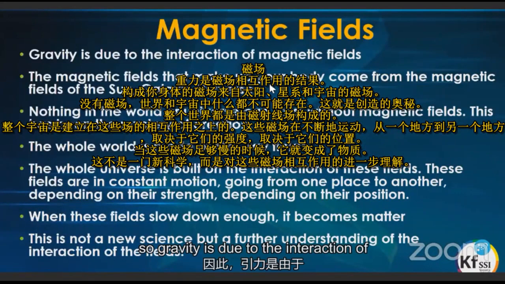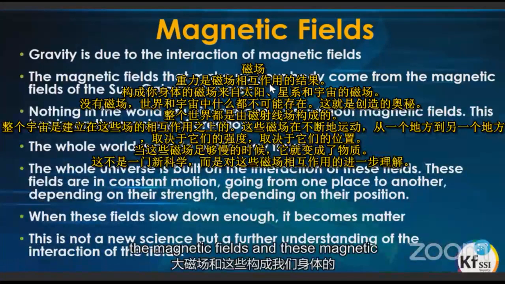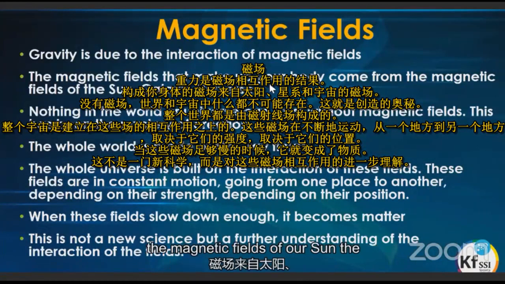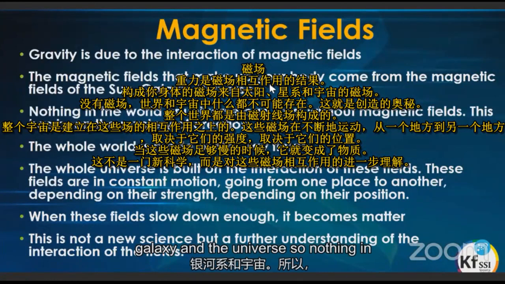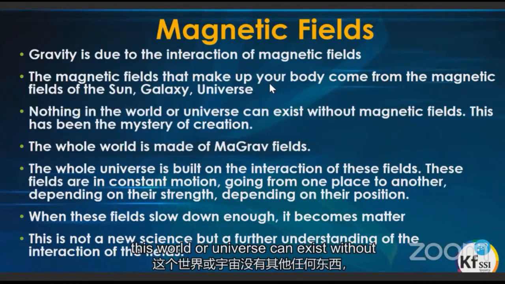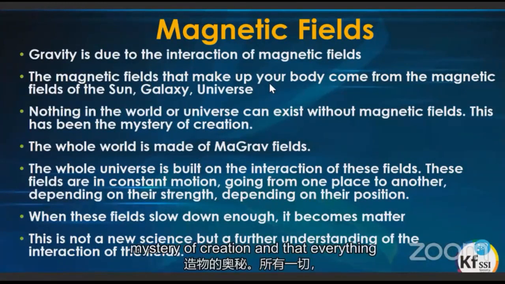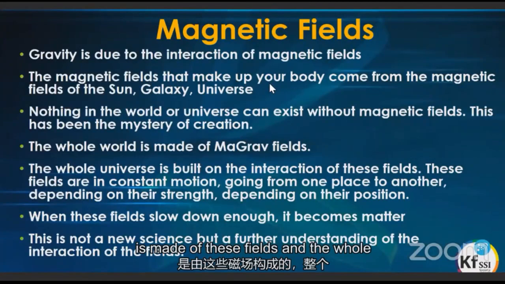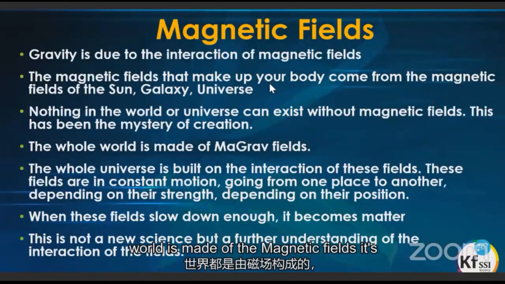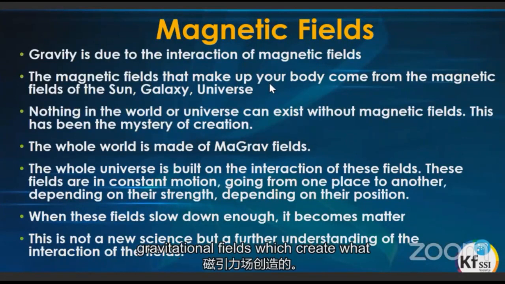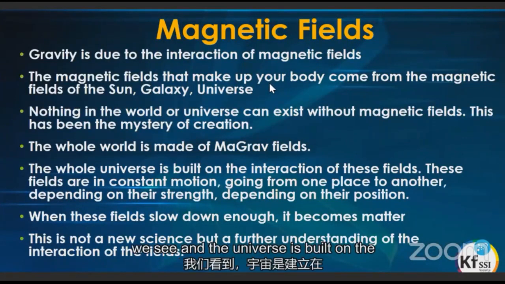So gravity is due to the interaction of the magnetic fields. And these magnetic fields that make up our body come from the magnetic fields of our sun, the galaxy, and the universe. So nothing in this world or universe can exist without the magnetic fields. This has been the mystery of creation, that everything is made of these fields. And the whole world is made of the mag-grav fields. It's the interaction of the magnetic and gravitational fields which create what we see.